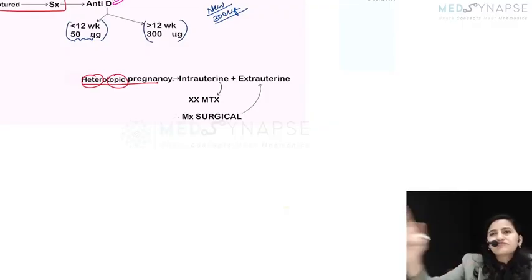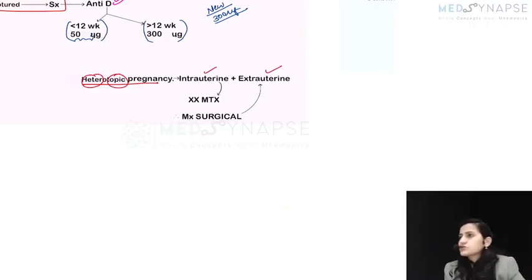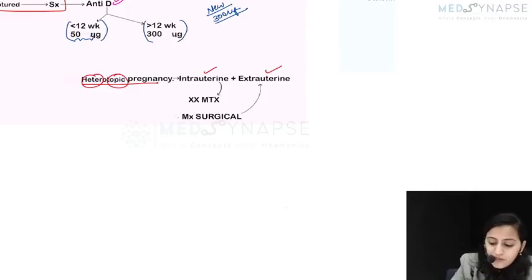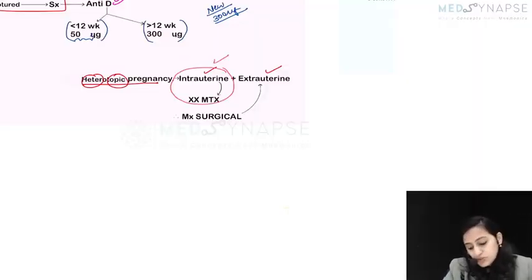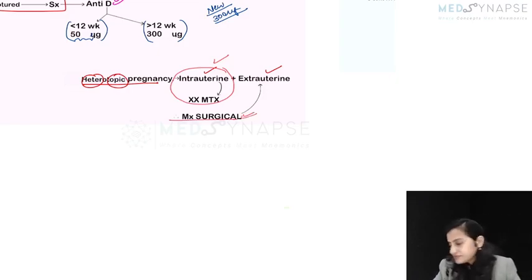Heterotopic, two different sites, that is intrauterine plus extrauterine. Will you give methotrexate in a heterotopic pregnancy? No, because it's intrauterine as well. So methotrexate is contraindicated, and the treatment has to be surgical.